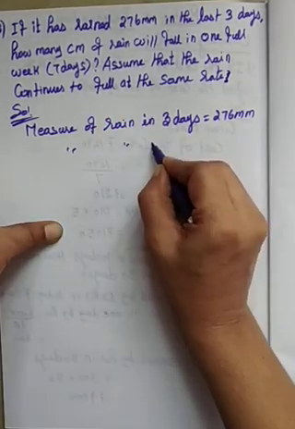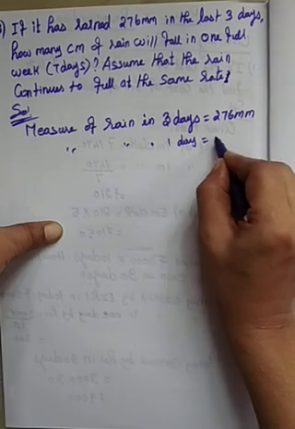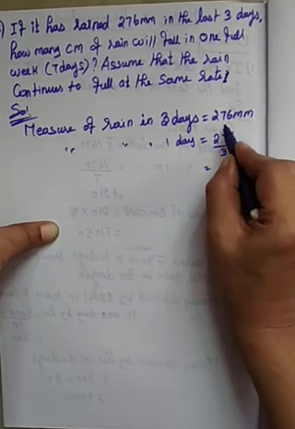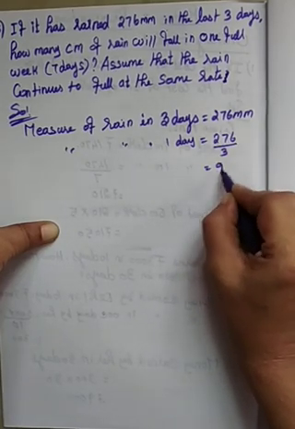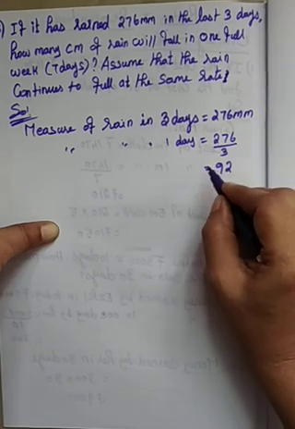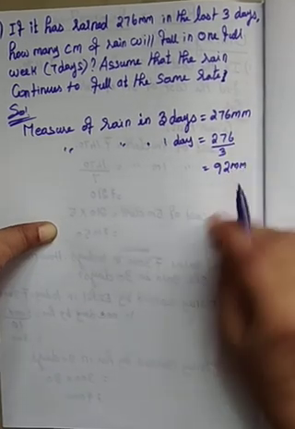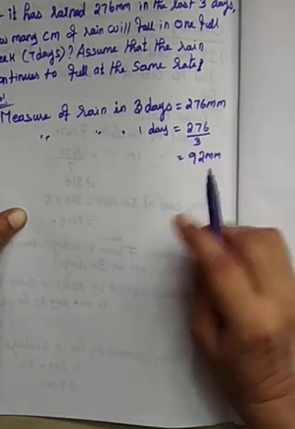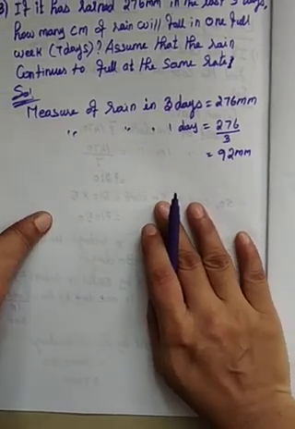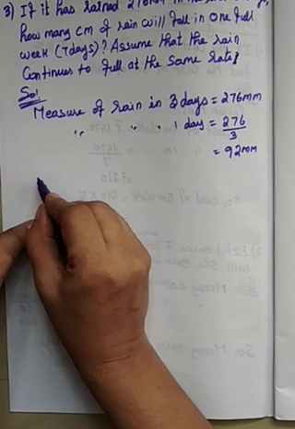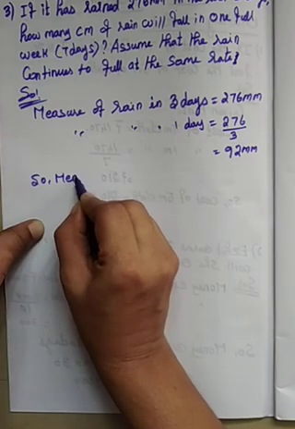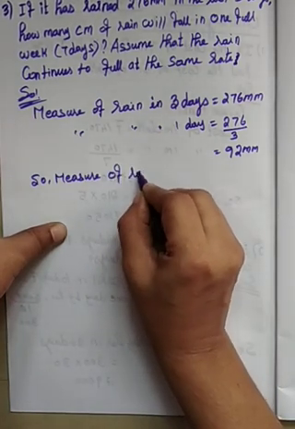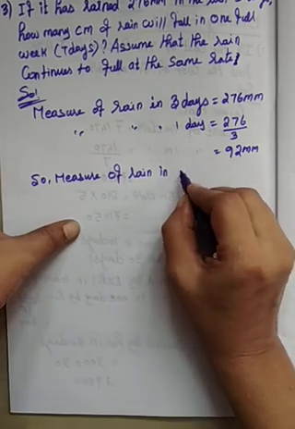Okay, see, now we have to find the measure of rain in 1 day. Measure of rain in 1 day is equal to 276 divided by 3. So what will you get? How many 3 in this 27? 9. In this 6, 2. So 92 millimeter, because 276 is in millimeter. So 276 by 3 is also 92 millimeter. So the next, measure of rain in 1 week.